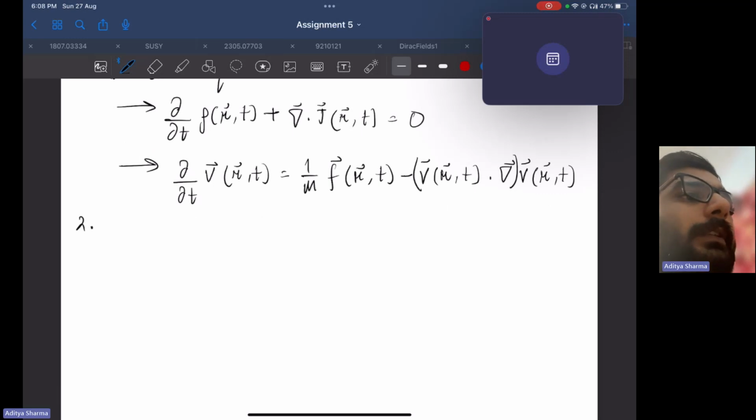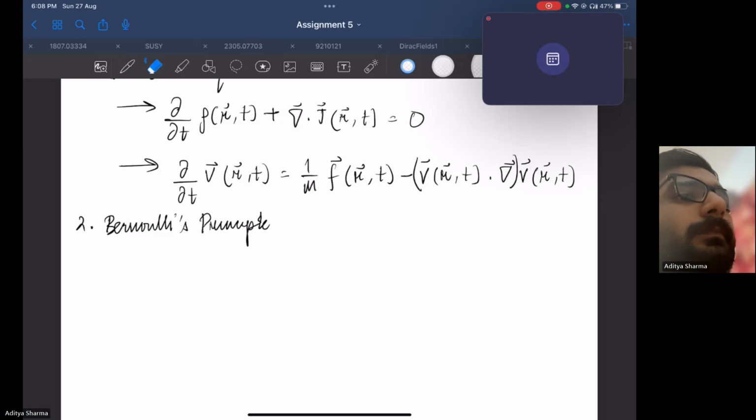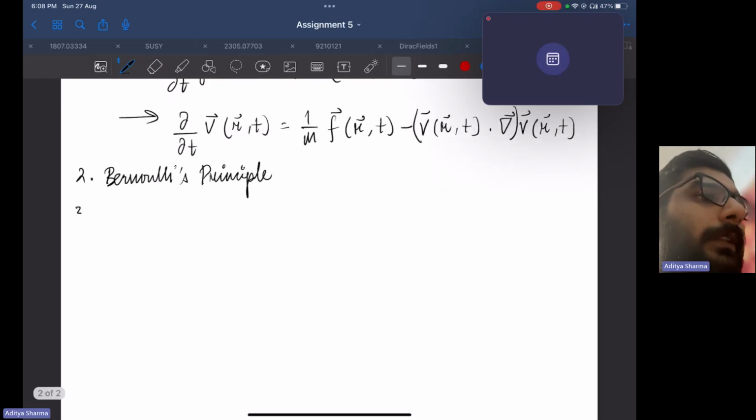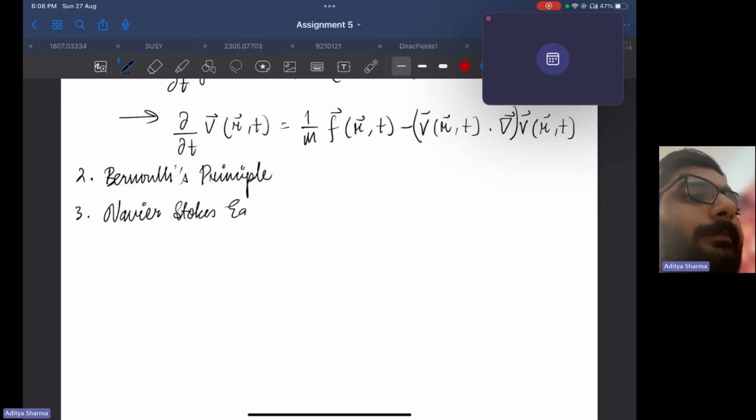And then we discussed something about Bernoulli's law. And then something about transport of momentum, which comes in the Navier-Stokes equation, and Stokes drag.